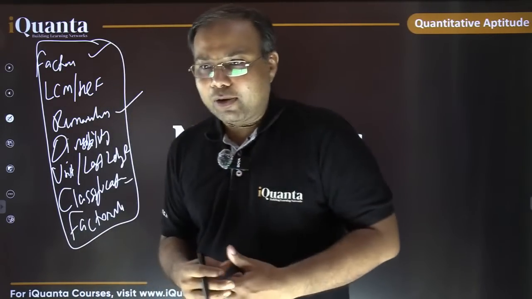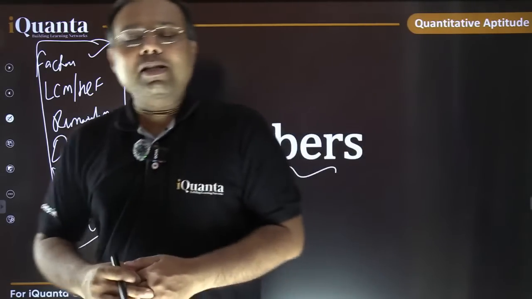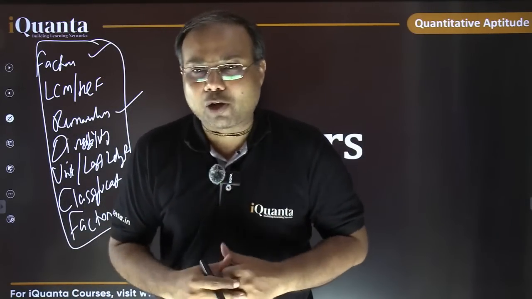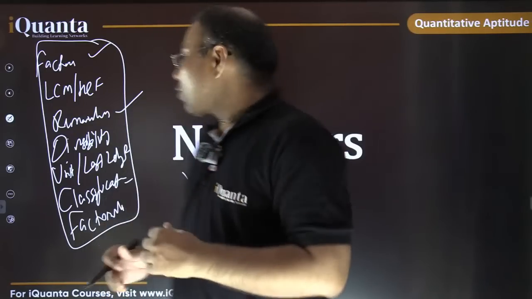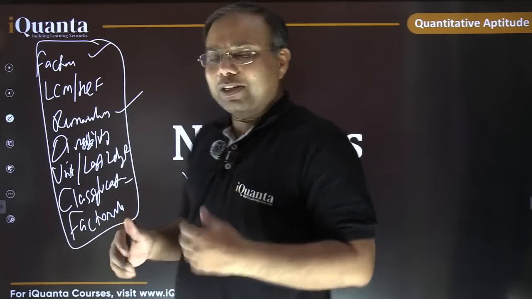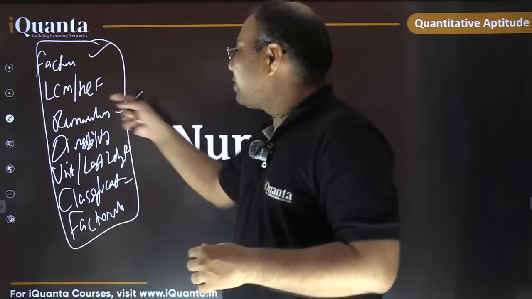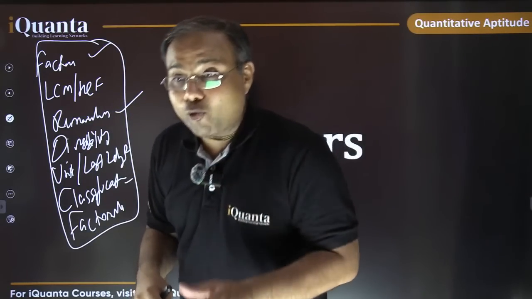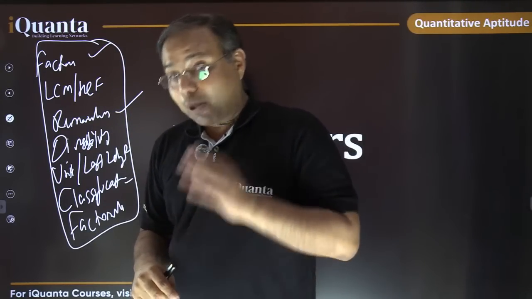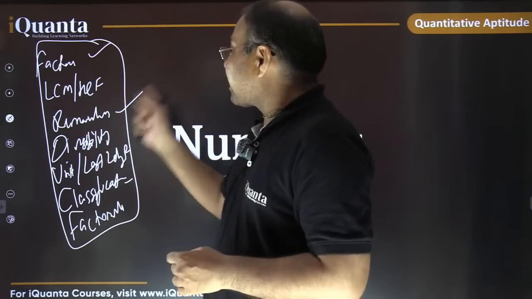Okay, let's start now. There are some questions in the numbers topic which cannot be categorized in any of these. There are many questions in CAT which cannot be categorized in any of these.